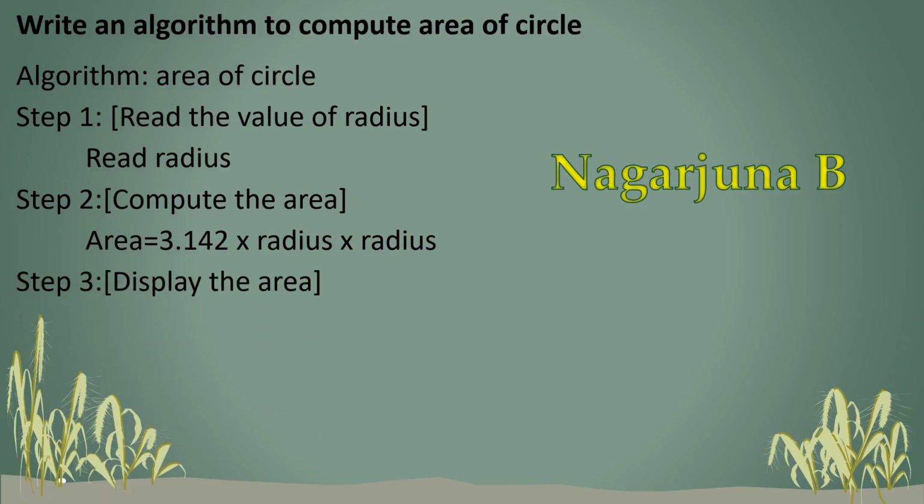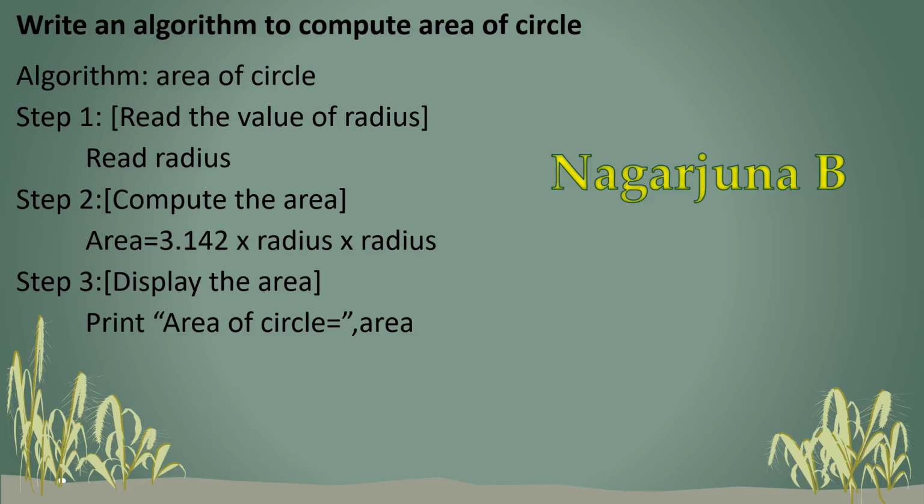And step number 3, display the area. That means now we are going to display the area which has been calculated. For that purpose we will write print within double quotes "area of circle is equal to", comma, area. This is how we write the display statement. And since it is the end of the algorithm, we need to write the last step.